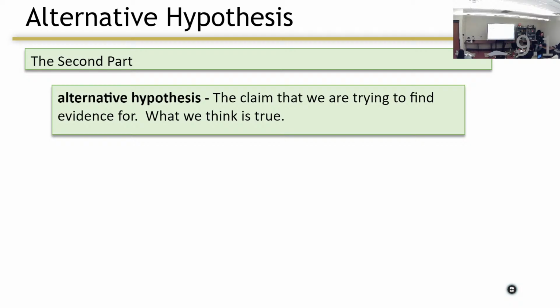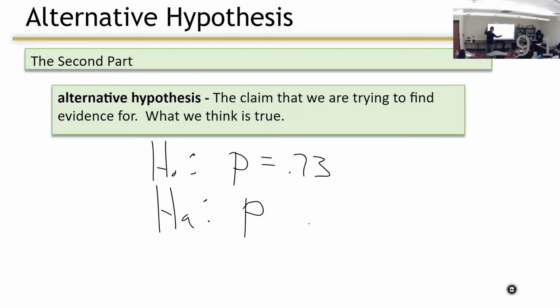So whatever your H naught is, if that's P equals, then your H A will be P. And whatever number this is, this number has to be the same. You can't change numbers. This can't be 0.73 and we think it's less than 0.72. You can't do that.